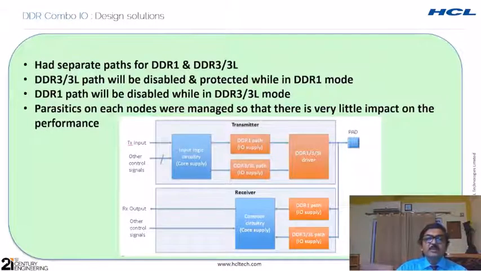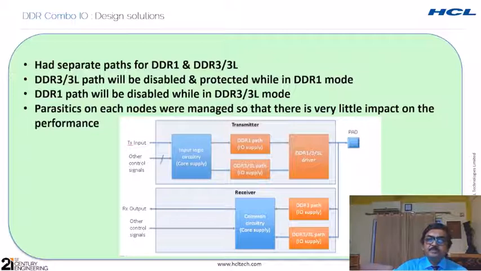This is how we addressed it, by having two different paths for DDR1 and DDR3. For 28 nanometer, the GPIO we designed is roughly 55 micron by 300 micron. In this case, the combo IO with DDR1 and DDR3, the cell height was close to 600 micron by 55 micron.